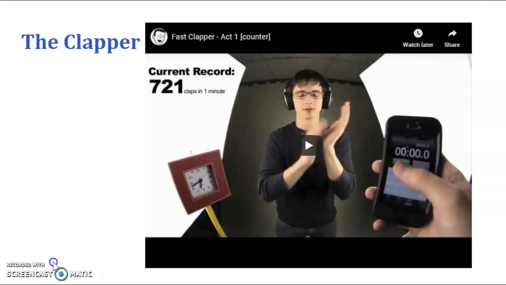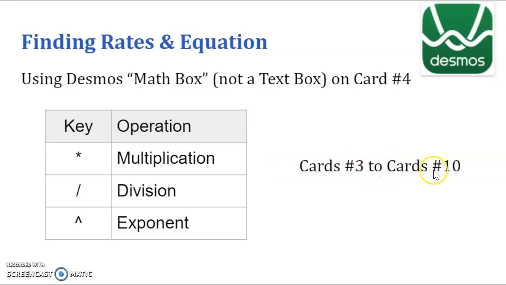You are now going to continue with card number 3 to 10. As you do this, for card number 4, when it says to use the Desmos math box, it's not the text box, it's the math box.